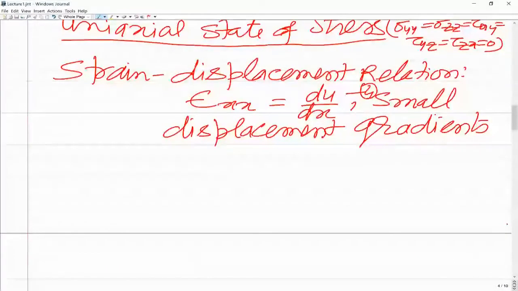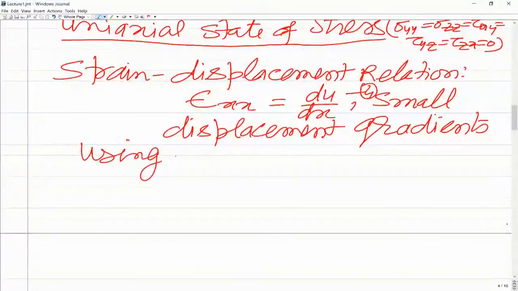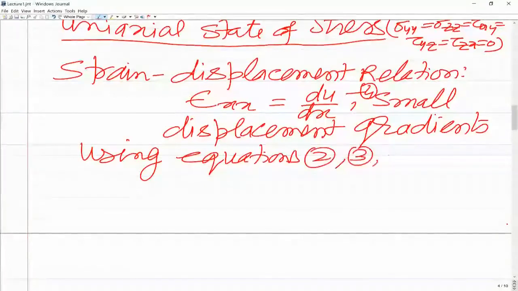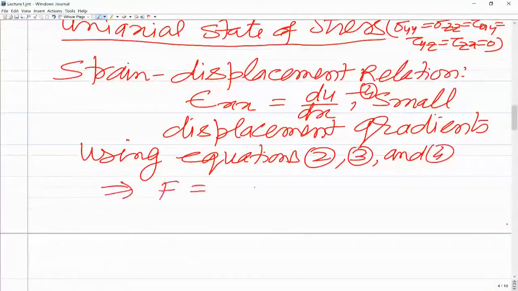Using equations 2, 3, and 4, we can finally say F is equal to sigma xx into A, sigma xx is E into epsilon xx, and epsilon xx is du by dx. By straightforward substitution, you would see that F would be equal to EA into du by dx.